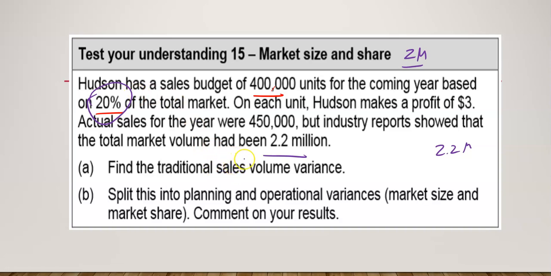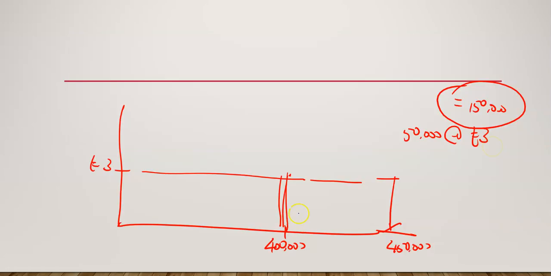If that standard is to be useful for making comparisons, my new task is to find the revised standard. The revised standard is 20% of 2.2 million, which is 440,000. So my new standard is 440,000.